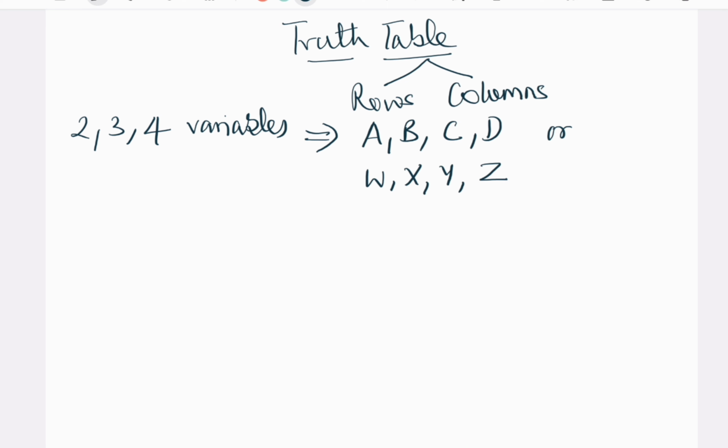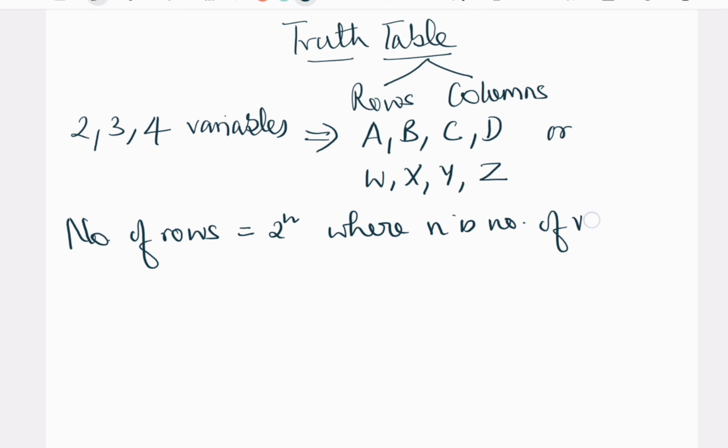So once we have decided this, we need to figure out the number of rows and columns. So, number of rows. The number of rows is equal to 2 to the power n, where n is the number of variables. Let's say we are taking 2 variables, then the number of rows is going to be 2 to the power 2, which is equal to 4 rows.